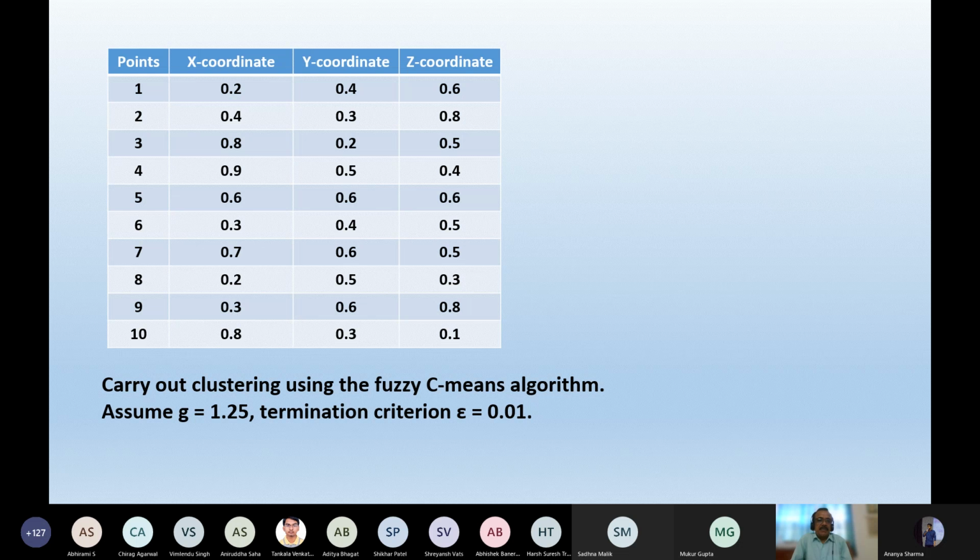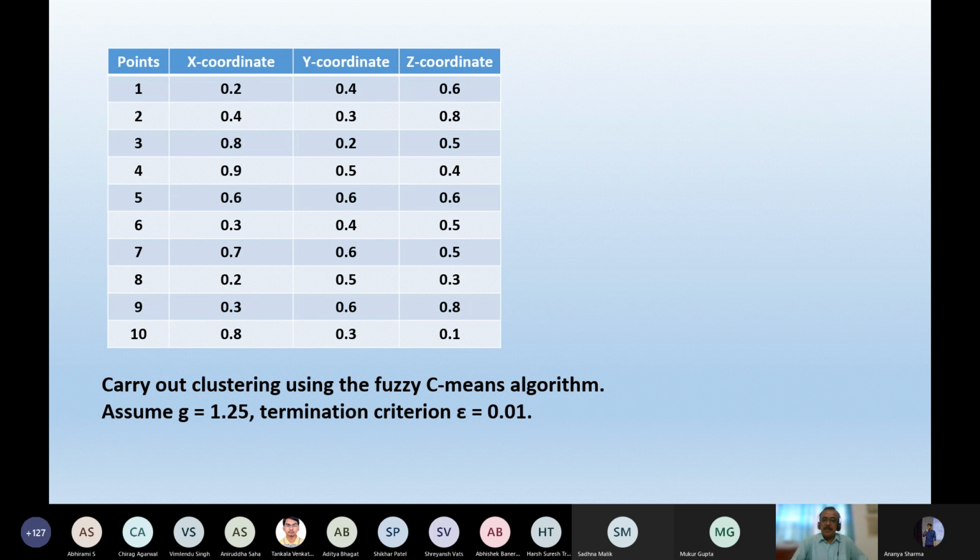The problem of clustering. For simplicity, I'm going to consider 10 points: 1, 2, 3, 4, up to 10. For each of the points, I know the x coordinate, y coordinate, and z coordinate.